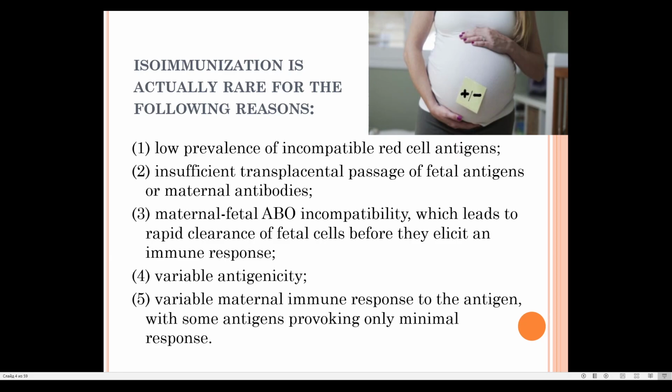Thirdly, maternal fetal ABO incompatibility, which leads to rapid clearance of fetal cells before they elicit an immune response. Fourthly, variable antigenicity, and fifthly, variable maternal immune response to the antigen, with some antigens provoking only minimal response.